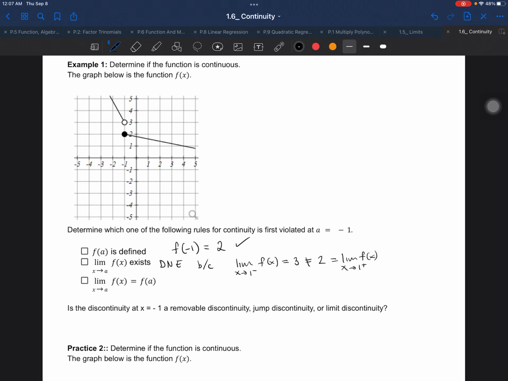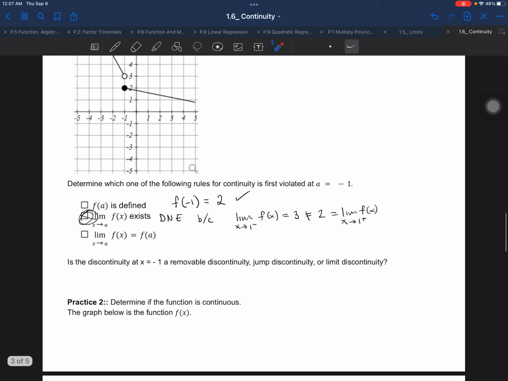So there you go. This is the one rule that is violated, the first one. Of course, we don't need to proceed with the next one, because you already disqualified the function from being continuous from this rule.